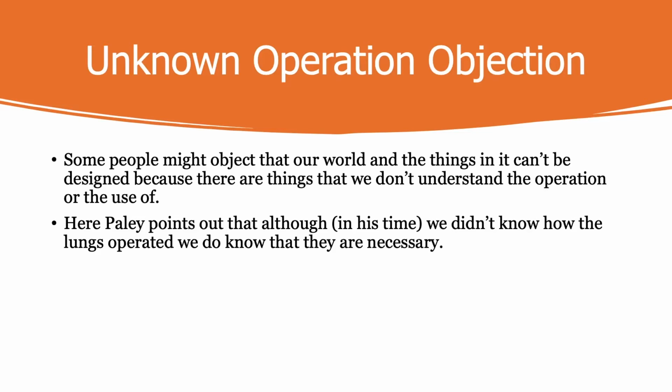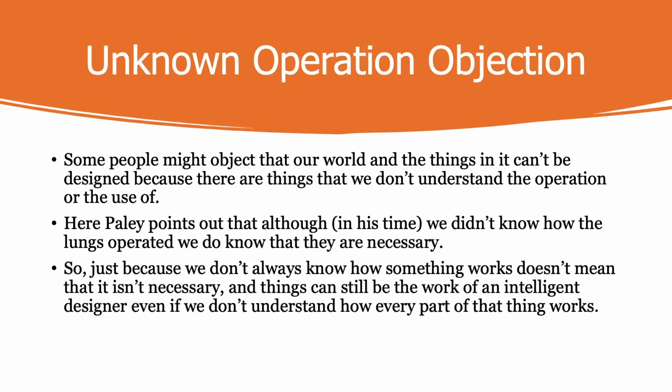He points this out when he says that basically if we stop the breathing of an animal, the animal dies, which lets us know that breathing is obviously necessary for it to survive. But just because we don't always know how something works doesn't mean that it isn't necessary, and things can still be the work of an intelligent designer even if we don't understand how every part of that thing works. All right, let's look at the third objection.